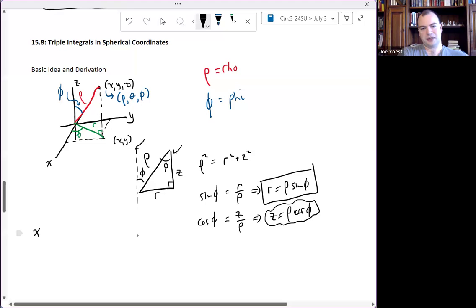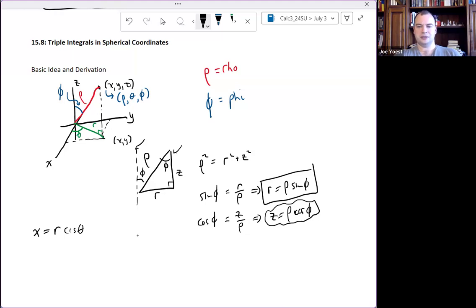What about x and y? Well, x from polar coordinates or cylindrical coordinates I know is r cos theta. So that's r cos theta, not rho. But I know how r transfers over to rho and phi. r is just rho sine phi.